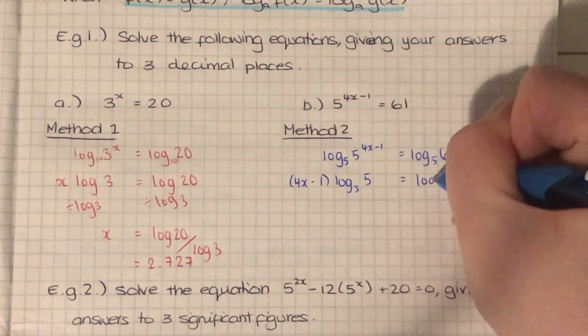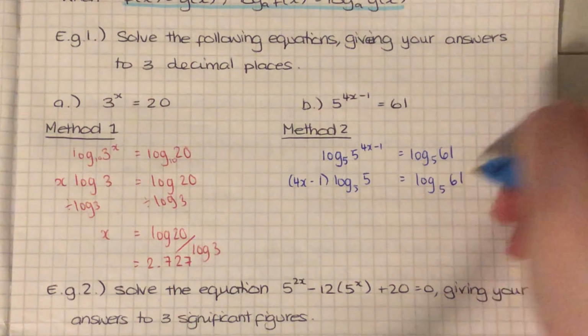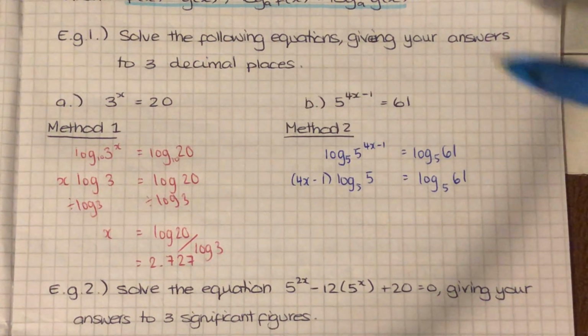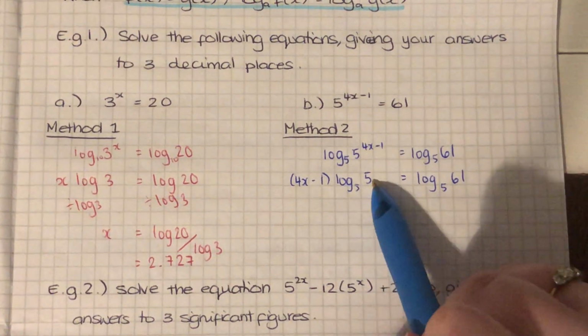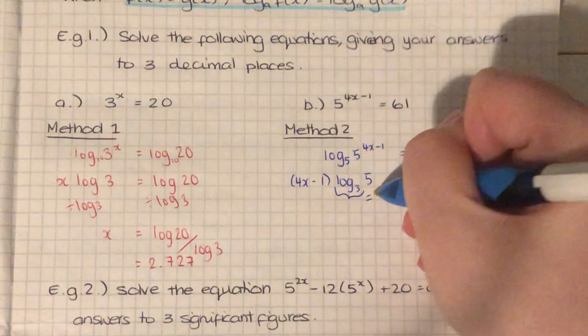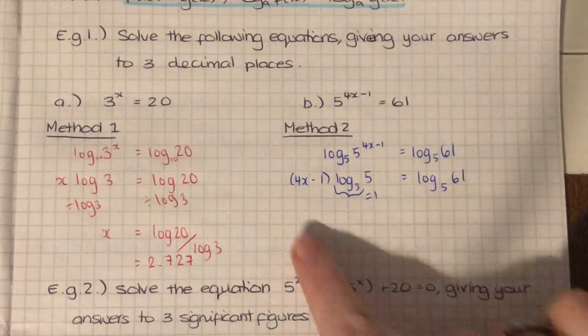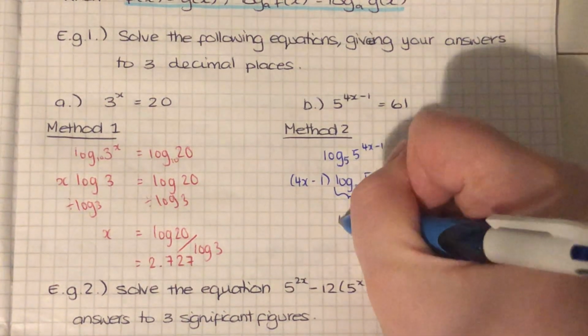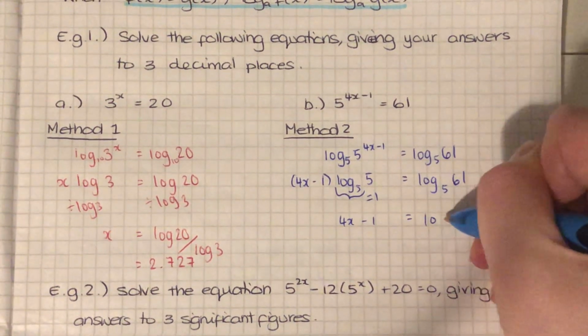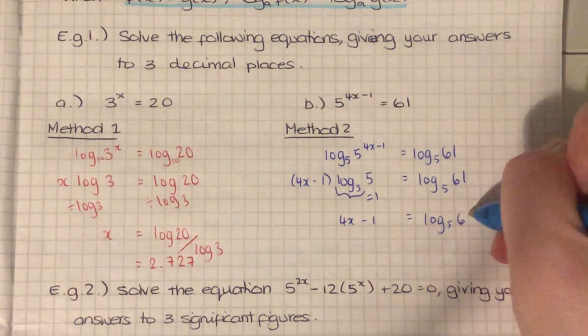Equals log base 5 of 5, times... Now, one of the rules that we did when we were doing rules of logarithms, if the base is the same as the big number there, this is just equal to 1. So actually, we've only got this 4x minus 1, and then the rest will stay the same, log base 5 of 61.